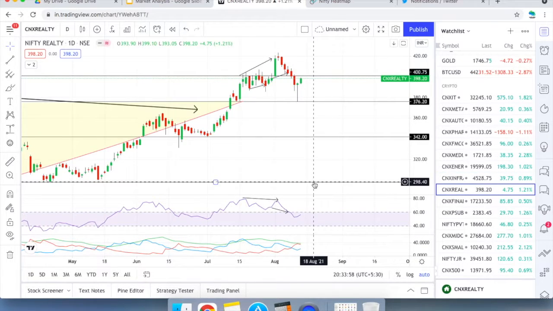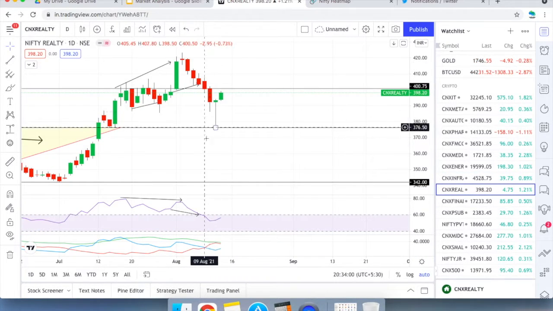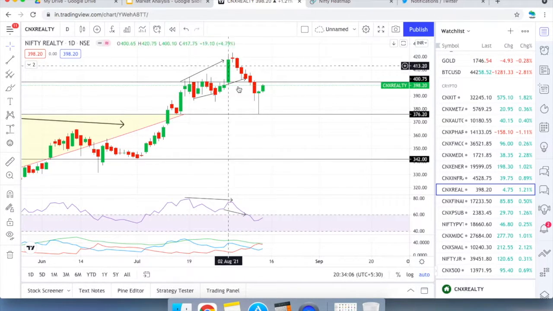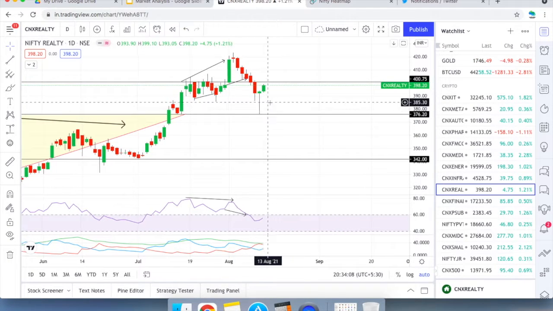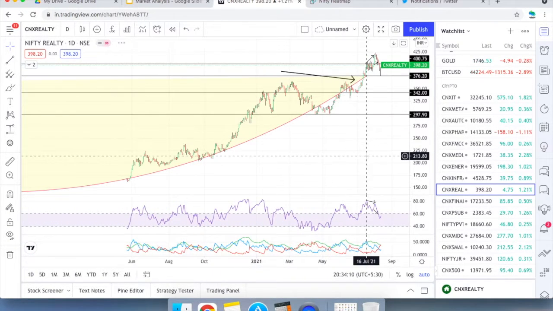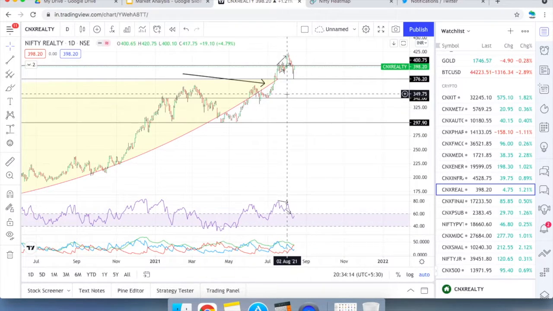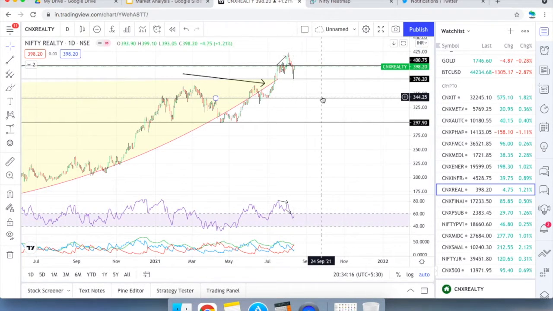Realty in reality is bullish. You can see the wick, the hammer. This is clear bullishness that you can see. It has come down and then bounced from here. So that's clear; a cup and handle kind of formation is probably what is happening. It could fall down up till here also sometimes, the 344 kind of level, and then bounce back.